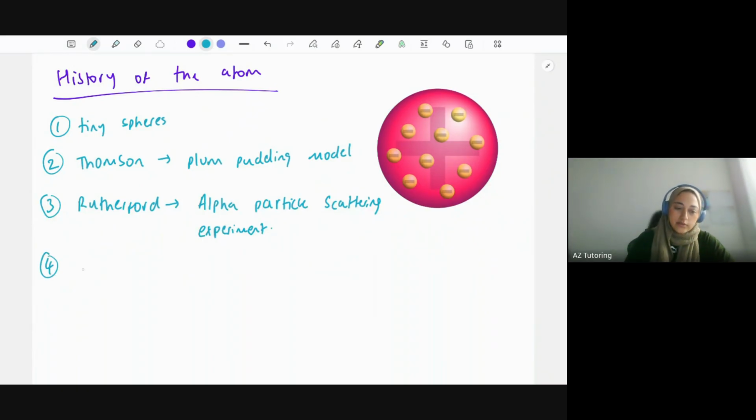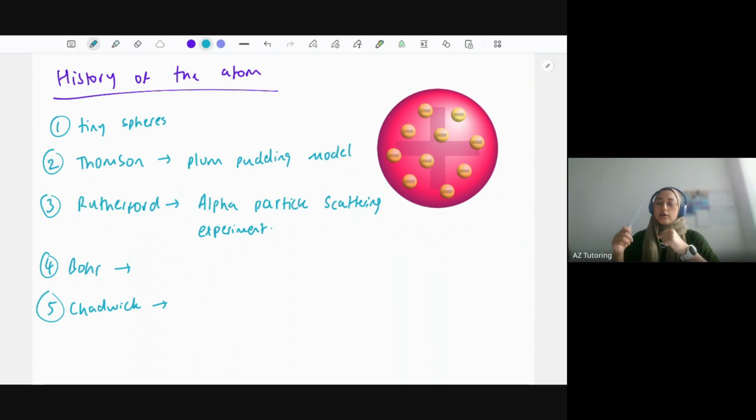And then finally, we've got Bohr. Bohr's got Chadwick as well, actually. So you need to remember the scientists and names as well, not just what they did. So Bohr came along. He adapted the nuclear model by suggesting that electrons orbit the nucleus, but at different shells. So Rutherford just says they're around it, but Bohr actually came up with the shell theory.